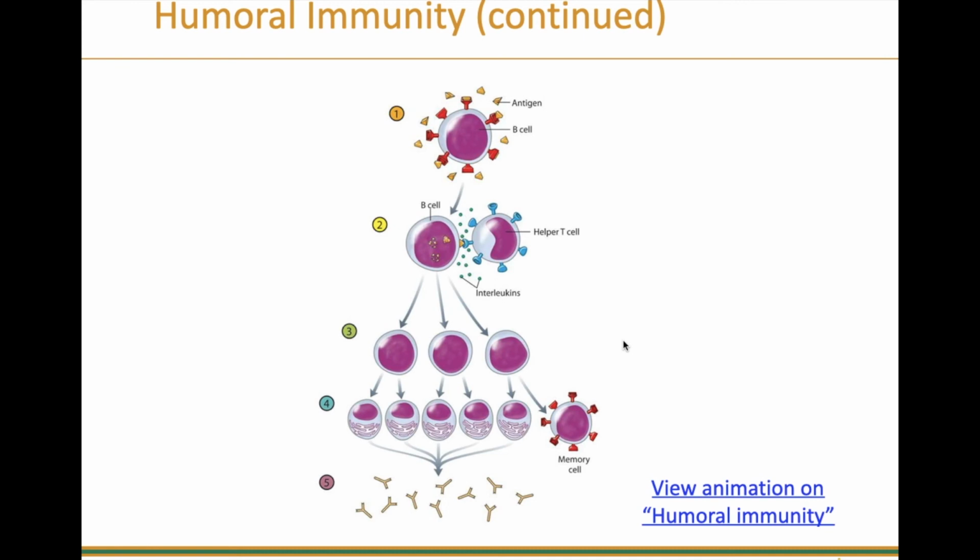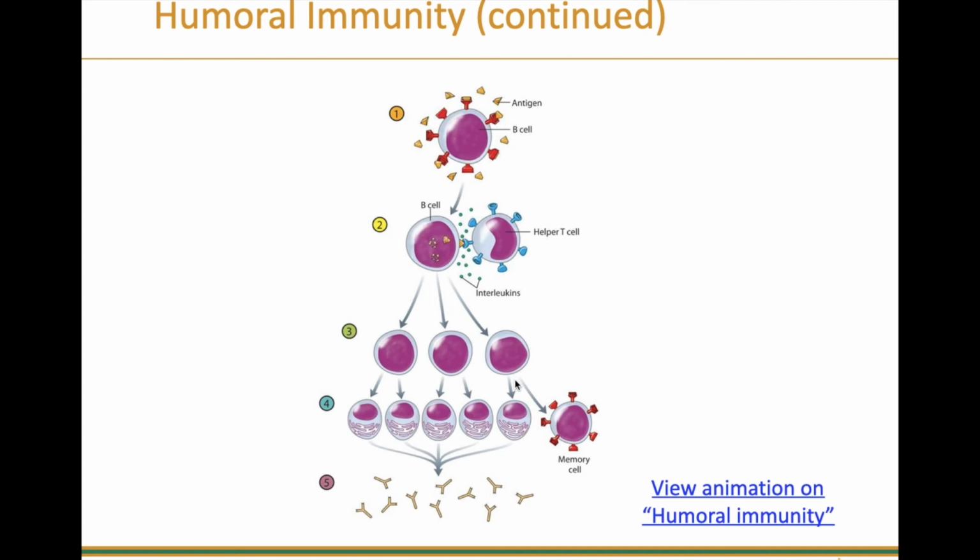Then it will find a helper T cell that has a receptor for that same antigen, and when that helper T cell binds to the B cell, it secretes interleukins, which activates the B cell. Now the B cell starts to divide rapidly, so it produces several of these cells, and they're all programmed for that specific antigen.